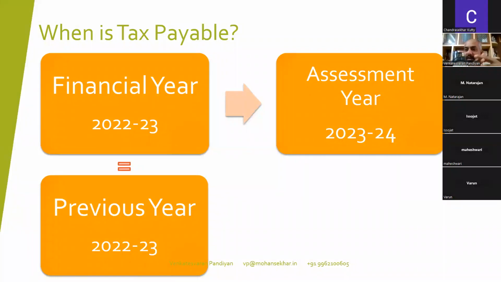For all practical purposes, the financial year and the previous year are one and the same. So for the financial year 2022-23, the assessment year is 2023-24, and the previous year is 2022-23.